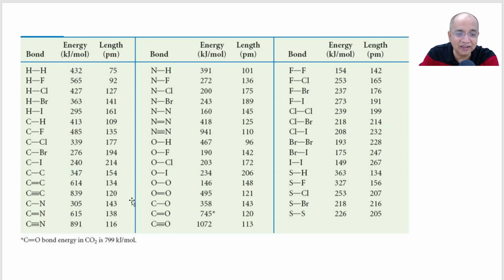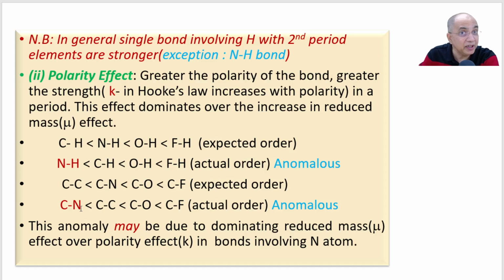CN is 305, and CC is 347, not much greater, but greater. So that may be due to the dominating effect of the reduced mass of CN bond compared to its polarity, which increases K.